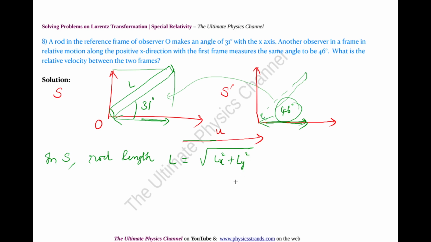In S prime, the rod length is going to be L prime, and that is going to be the square root of Lx prime squared plus Ly prime squared, because for him a different x and y is possible.